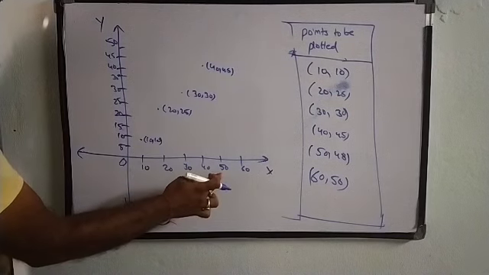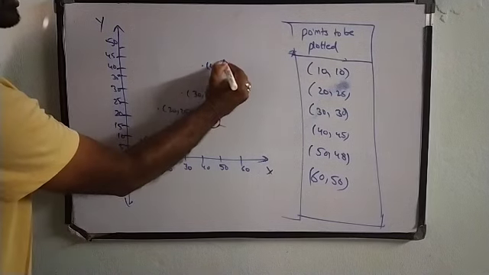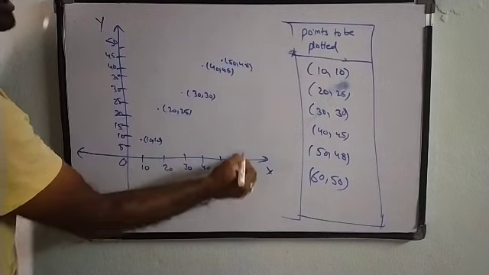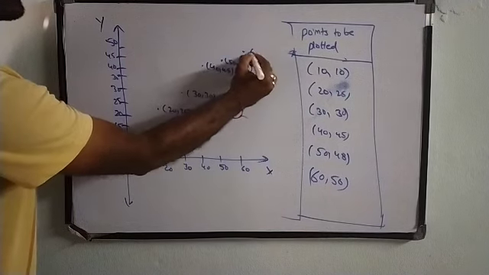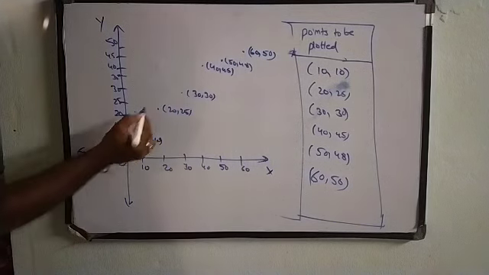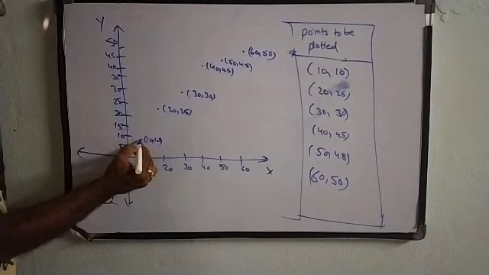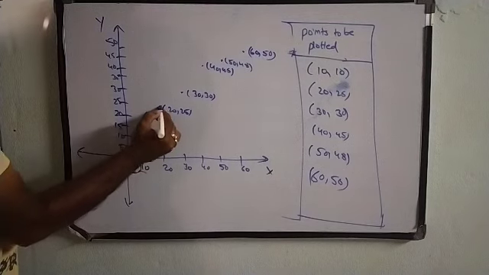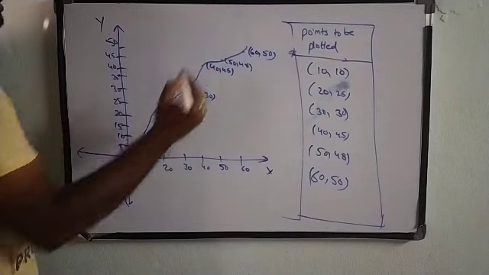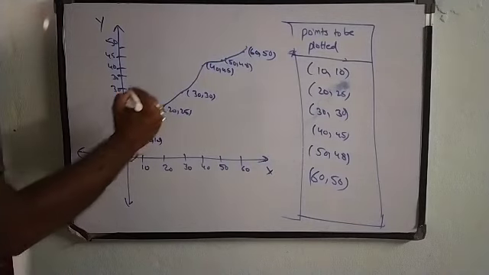Next 50 comma 48. Then 60 comma 50. We need to join these points using a normal freehand curve. This is called the less than OG curve.